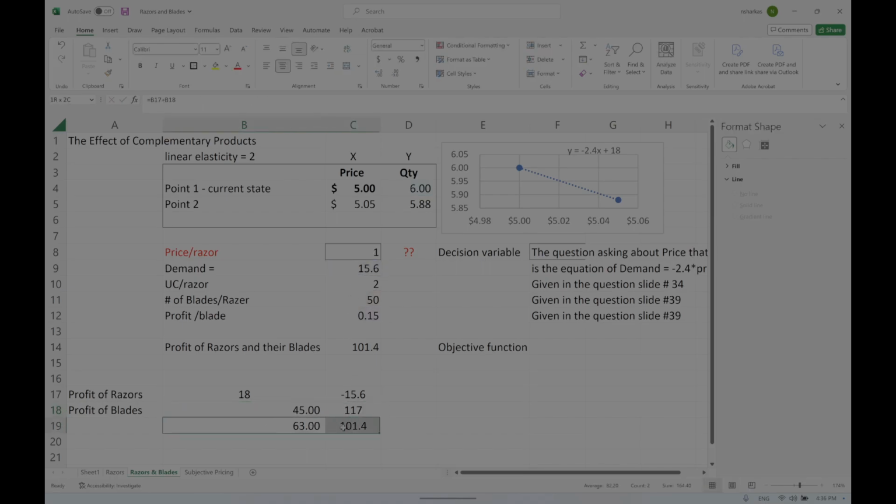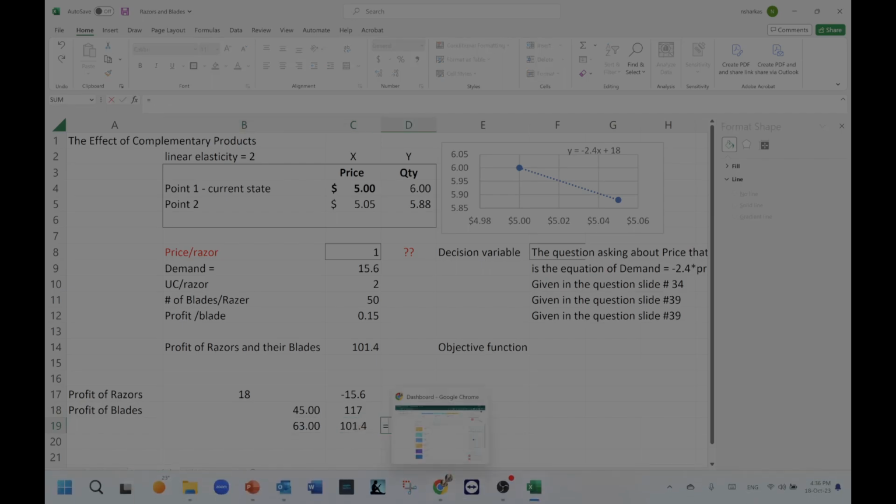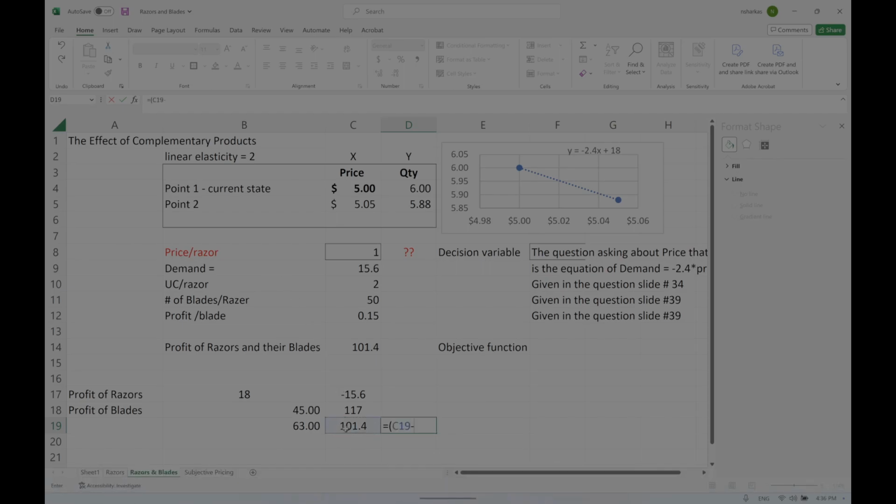So in fact, this would be a big difference here. How much increase would that be? That would be this minus this over this. So it would be around a 60% increase, a 61% increase in profit.